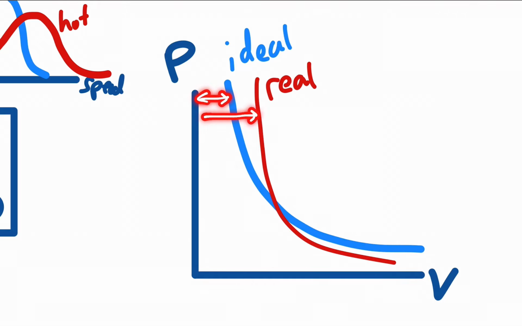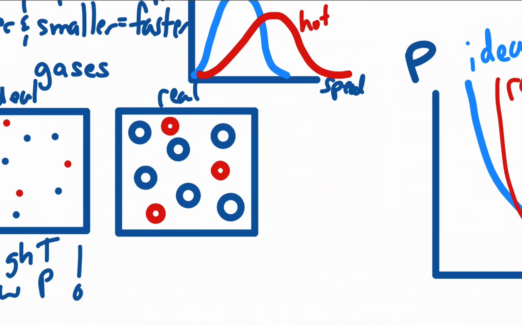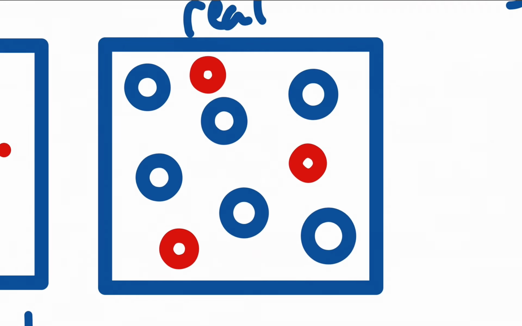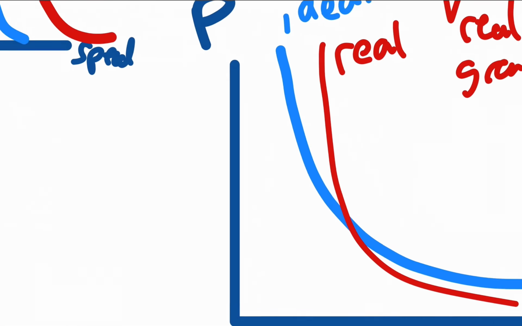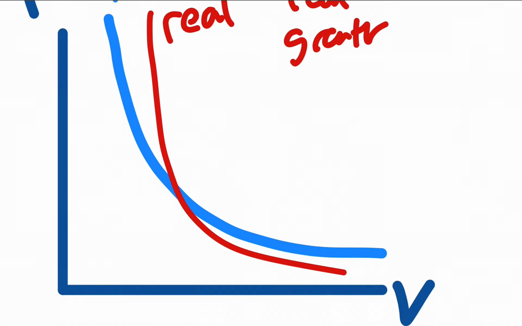It's going to actually be bigger. So the volume of a real gas is greater up here. And that makes sense because as you compress something in a smaller space, the volume of these particles actually occupies space. So a measured volume would be greater than what it is under the ideal law calculation.